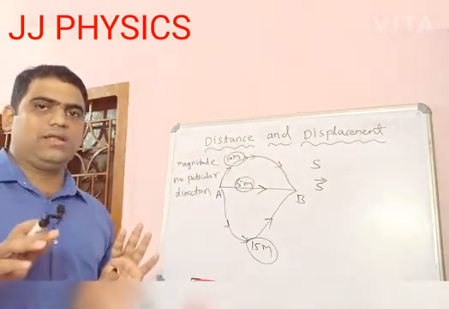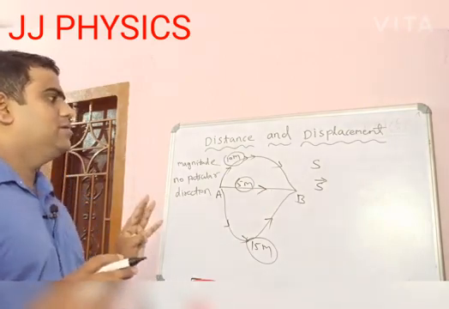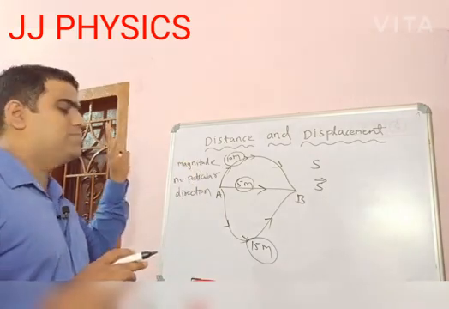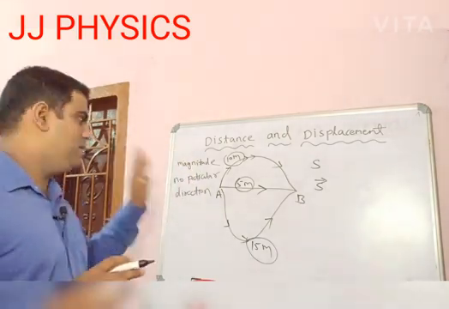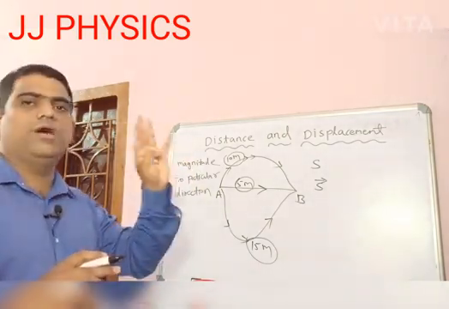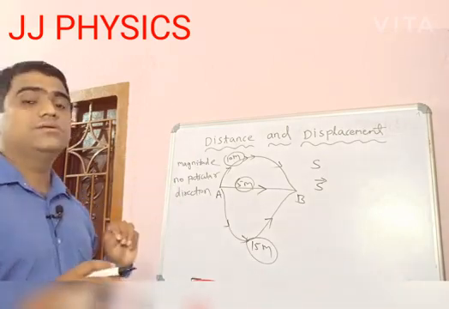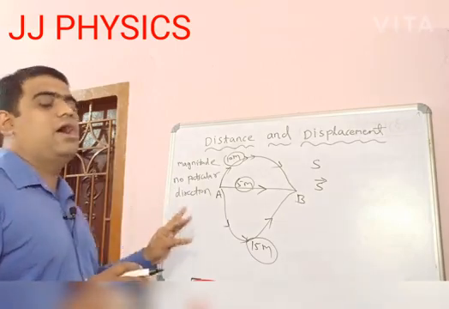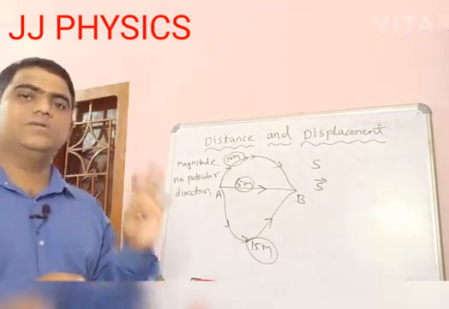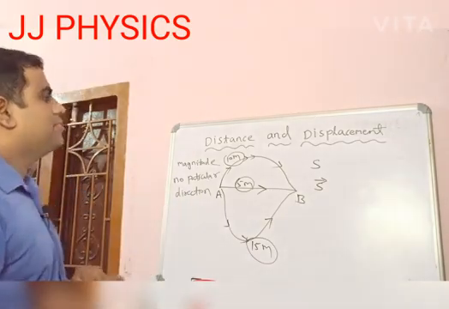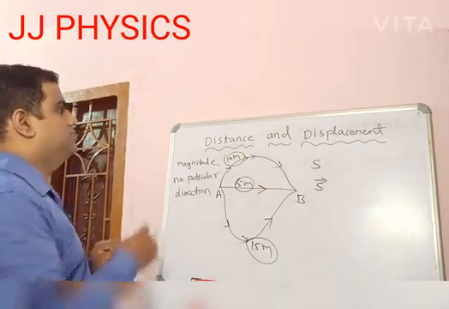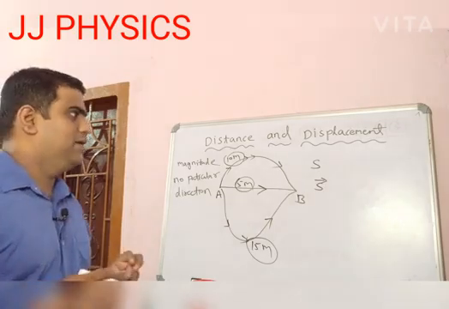Clear? What is scalar and what is vector? Scalar is a quantity whose magnitude is present but no particular direction, and vector is a quantity which has magnitude as well as particular direction. Okay, then what is the difference between distance and displacement?